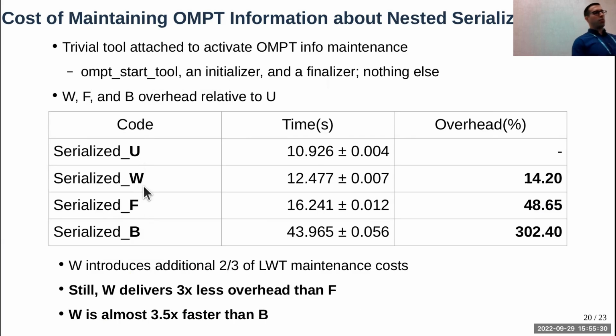And we again calculated the overhead of W, F, and B relative to U. We may notice that the overhead of W is 14%, which is 3 times less than the overhead of F. So we are still better than using full heavyweight descriptors. And we can see that blocking signals for these short parallel regions can drastically distort the performance and introduce an overhead of about 300%.